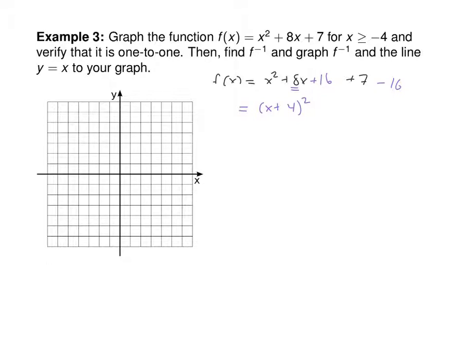minus how much? 9. And I know my grid only goes to 7, I'm sorry. So this is a parabola shifted backwards 4 and down 1, 2, 3, 4, 5, 6, 7, 8, 9. Where is that parabola going to cross the y-axis?